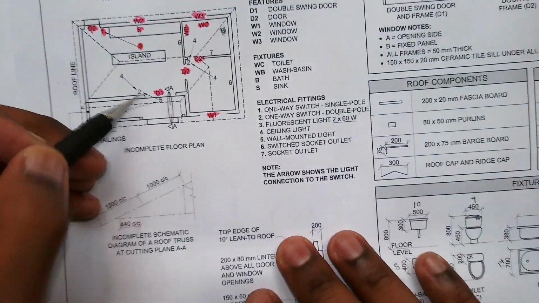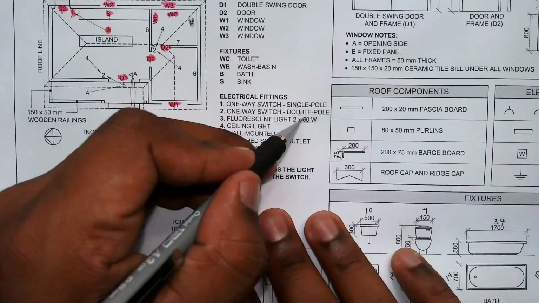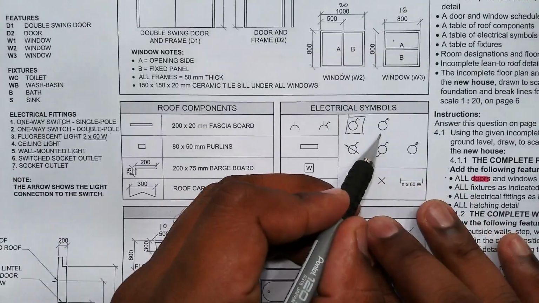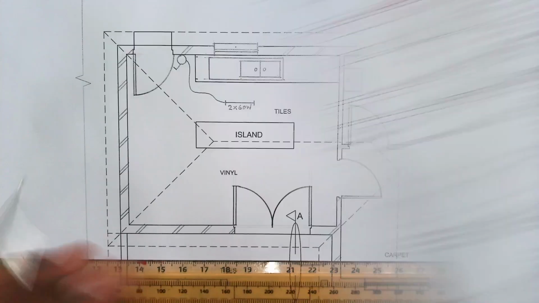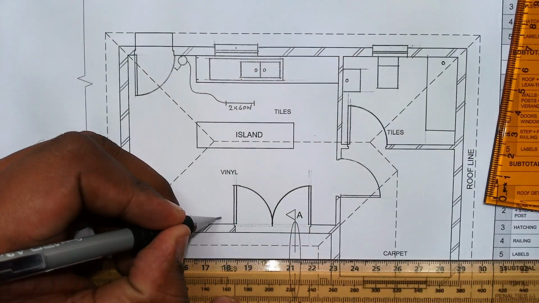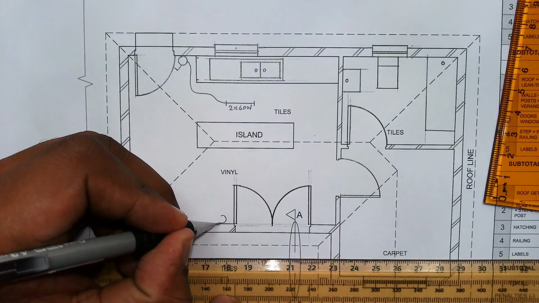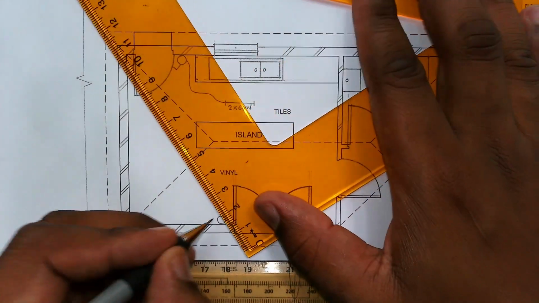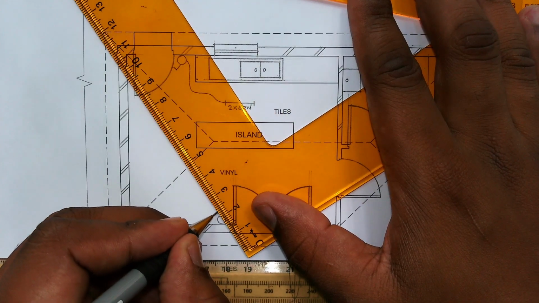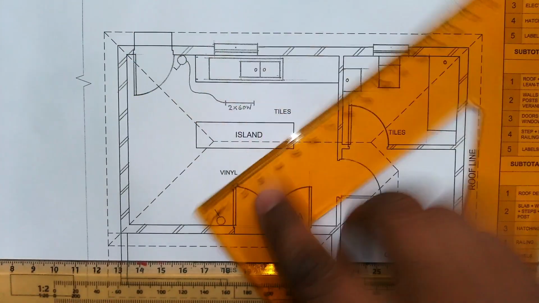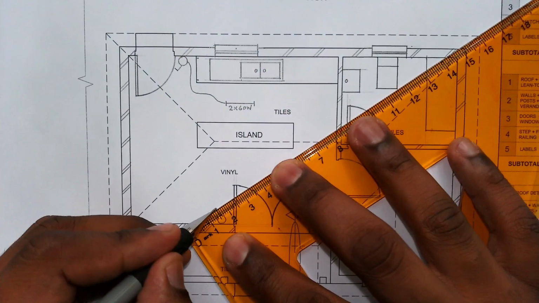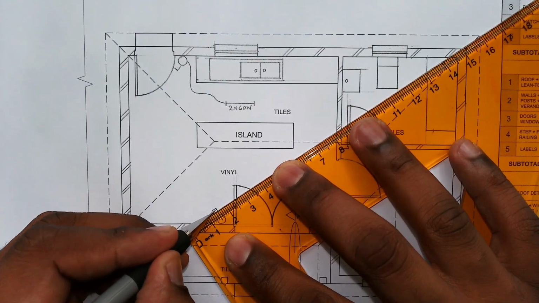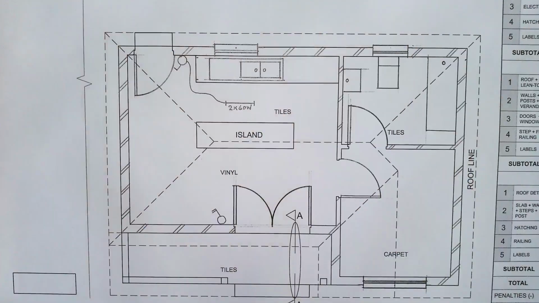Number 2 is the one-way switch, double pole, so I have to draw this symbol by the wall there. I'll draw a circle with a straight line, and then I'll add the double lines there, which indicate the 2 poles.